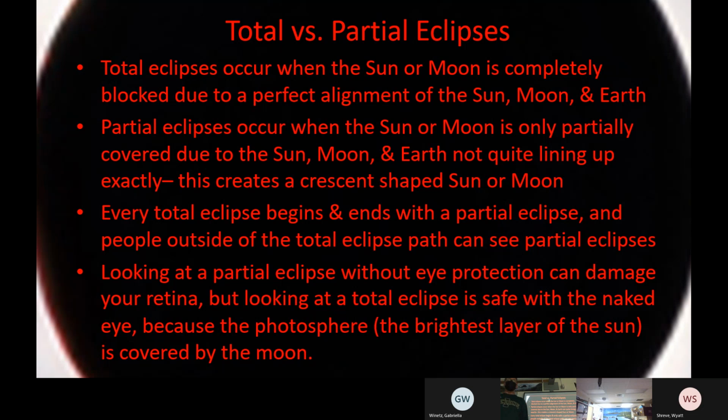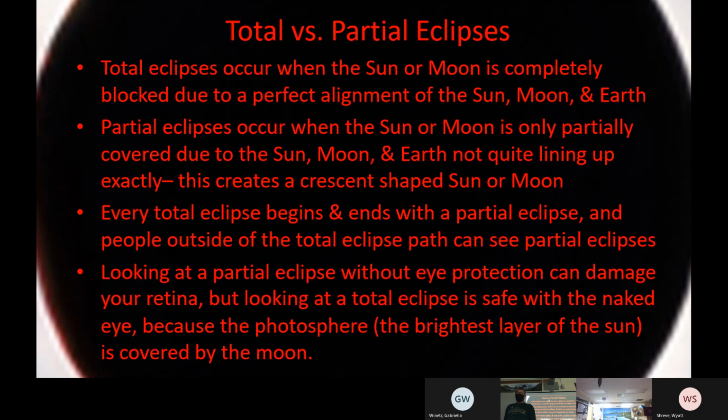Basically, what happens is the dangerous light is blocked off. So there's really no difference between staring at the sun on a normal day and staring at it during an eclipse. If you look at the sun long enough, you're going to damage your vision, especially if you're magnifying it at all with a telescope or binoculars. That can definitely burn your retina. So the partial eclipse is more dangerous than the total eclipse.